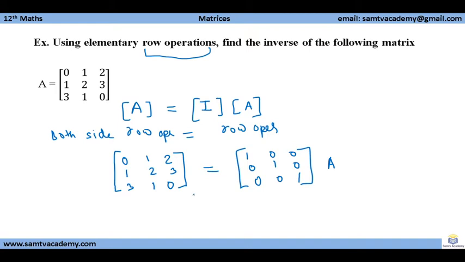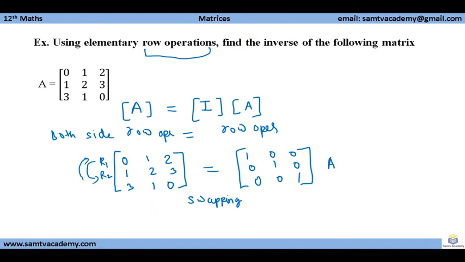So the first operation is swapping, which means interchanging. First we will interchange R1 and R2. So R1 is replaced with R2 and R2 will be replaced with R1.